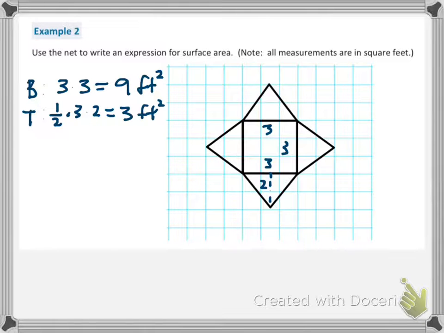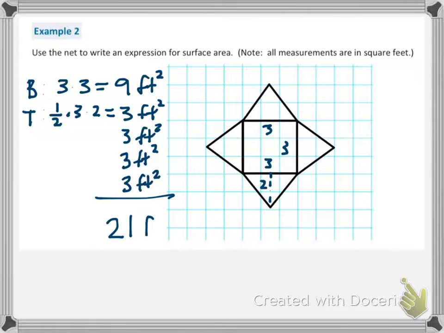And all of the triangles are the same. So there's another 3 square feet, and another 3 square feet, and one more. So we've got 4 triangles, all 3 square feet apiece. Add those up, we get 12 plus 9 is 21 square feet for this square pyramid.